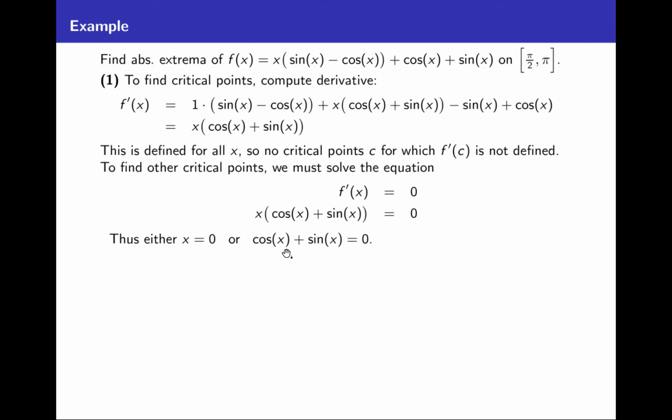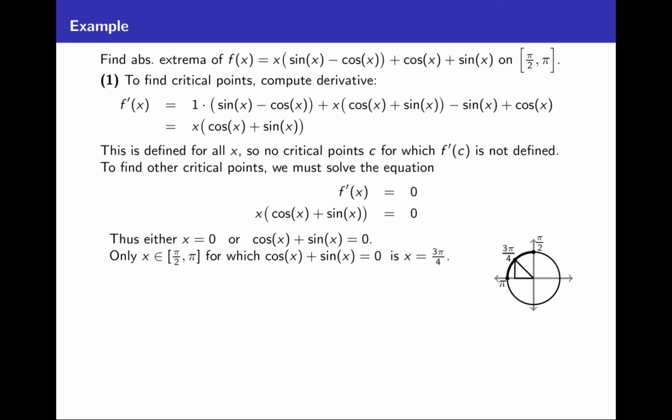To find the other solutions, we have to look at the values of x for which cosine x plus sine x is equal to 0. Now here's where the unit circle is going to come into play. We're basically solving a trigonometric equation here, cosine x plus sine of x equals 0.